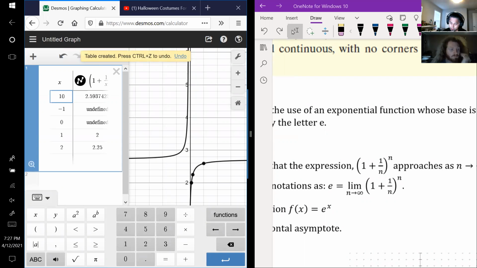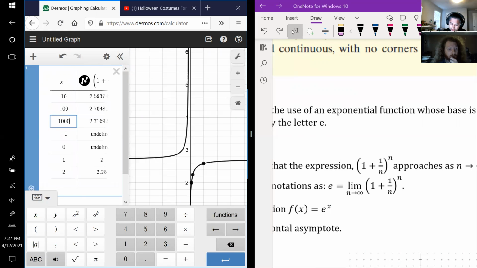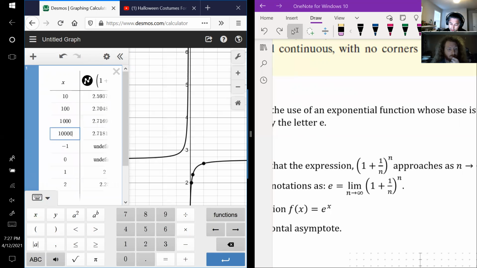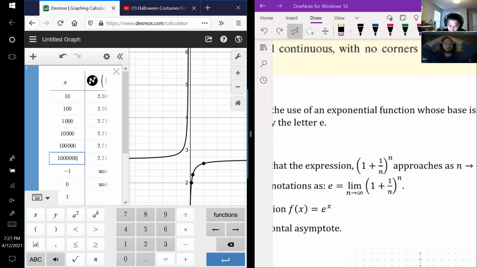So I'll start with 10, and then 100, and then 1,000, and then I'll keep going, just increasing the zeros. And I'll stop at 10 million. Why not?